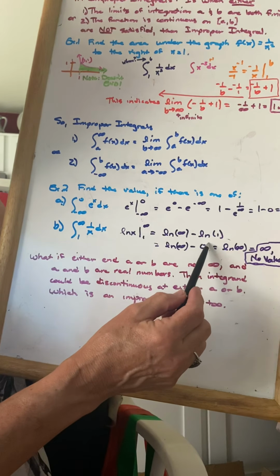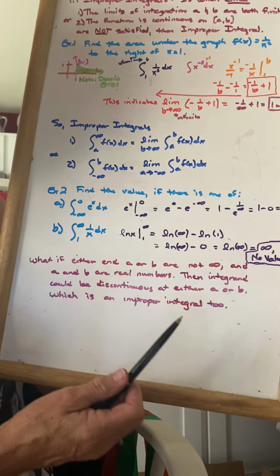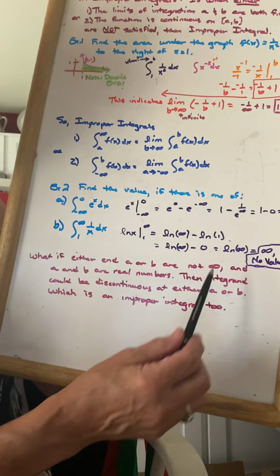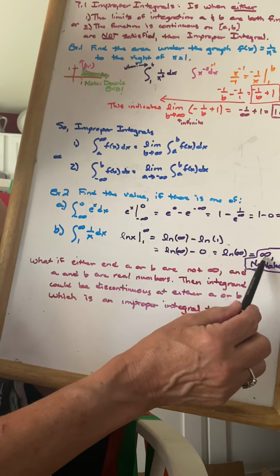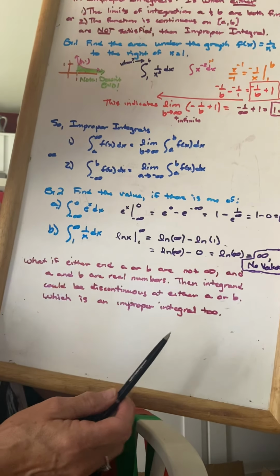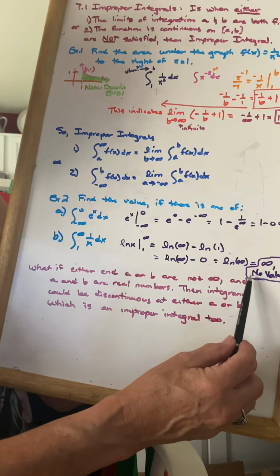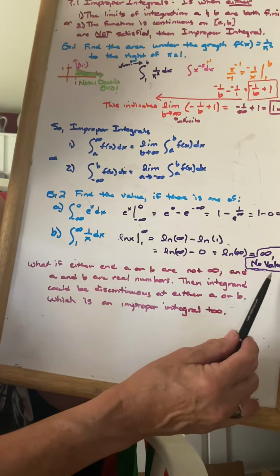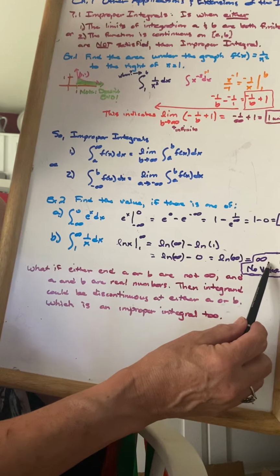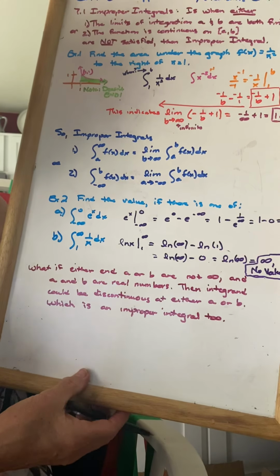Well, I know the natural log of 1 is 0. But what's the natural log of infinity? Well, it's supposed to be a very big number. So the natural log of infinity is infinity. But what I haven't told you, and I'm going to tell you here in a minute, is anytime you get infinity as an answer, the answer is really no value. So on an answer test, you would write infinity, comma, no value, because it's very big and you don't know the value of it.